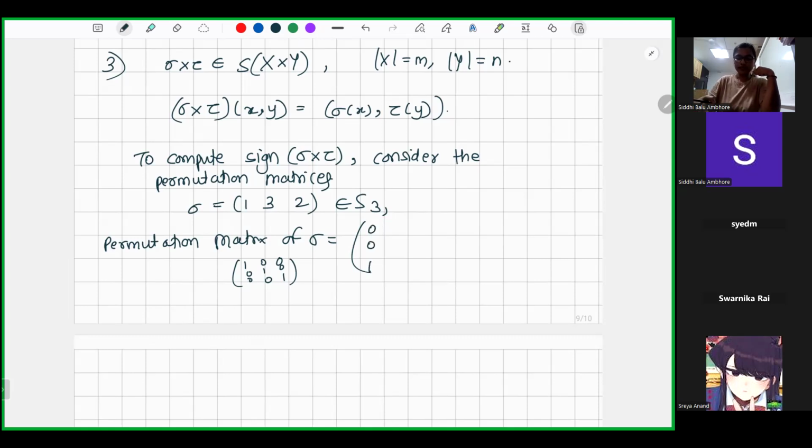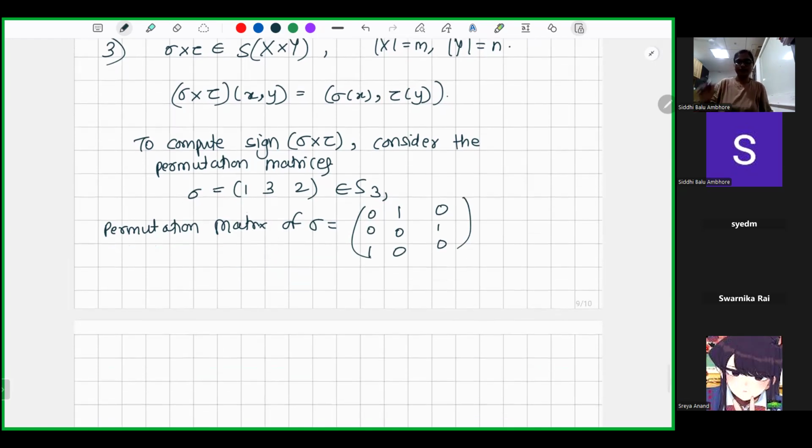And now the second column is going to the first one, so 2 is going to 1. So my second column becomes 1 0 0. And the third one, my 3 is going to 2, so the third column becomes the second column of the identity matrix. And this is the permutation matrix of sigma.